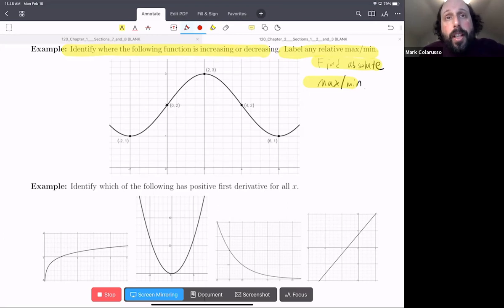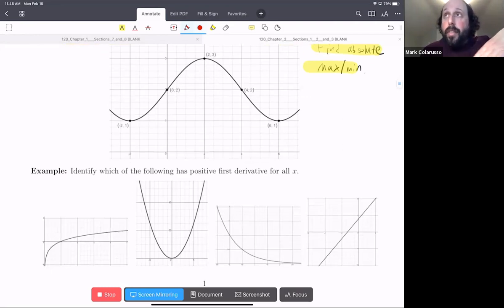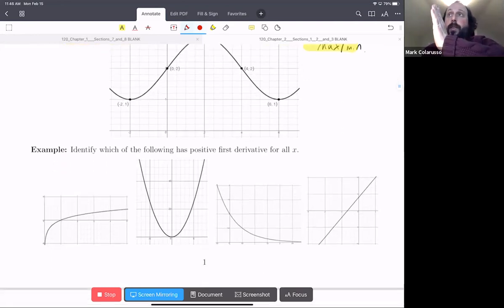So the function decreases until you get to 0, and then it starts to increase after you get out of the valley. So you have a negative derivative going into the minimum, and then a positive derivative after the minimum. So the parabola does not have a positive derivative everywhere. It decreases until the min and then increases. So that's out.